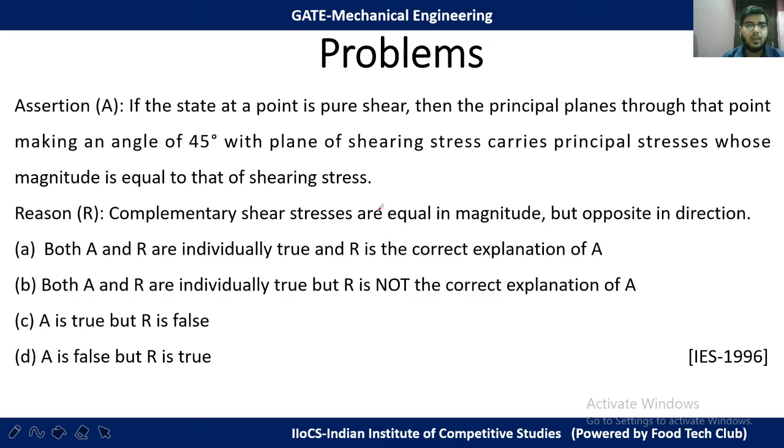This is an assertion and reason type of question. The assertion given is: if the state at a point is pure shear, then the principal planes through that point, making an angle of 45 degrees with the plane of shear stress, carry principal stresses whose magnitude is equal to that of shear stress.